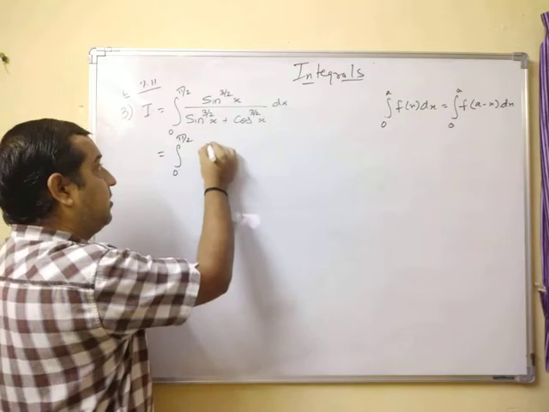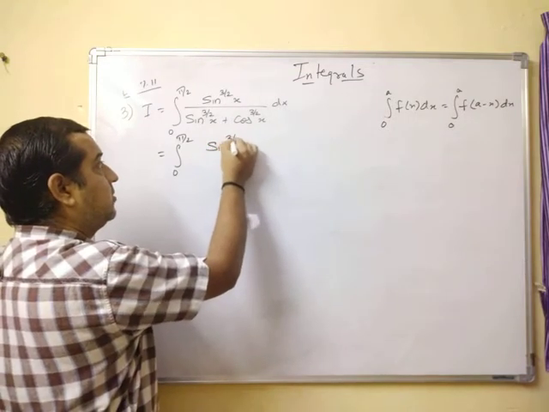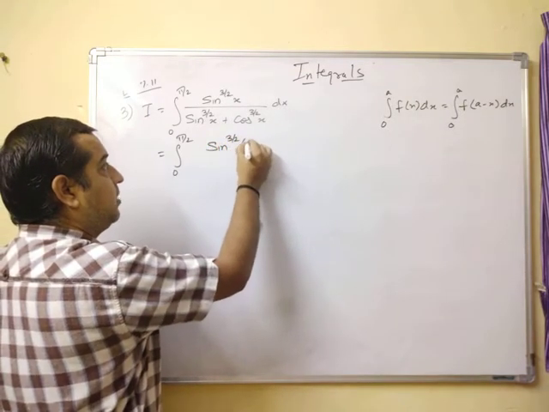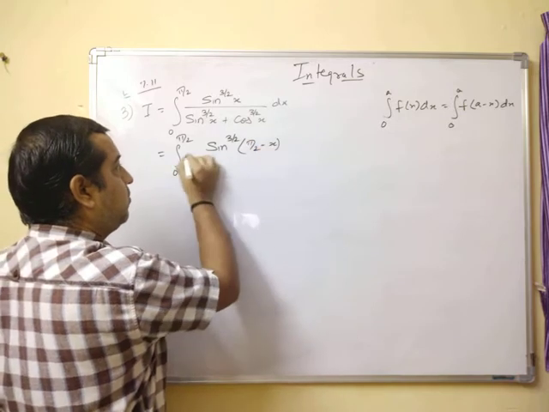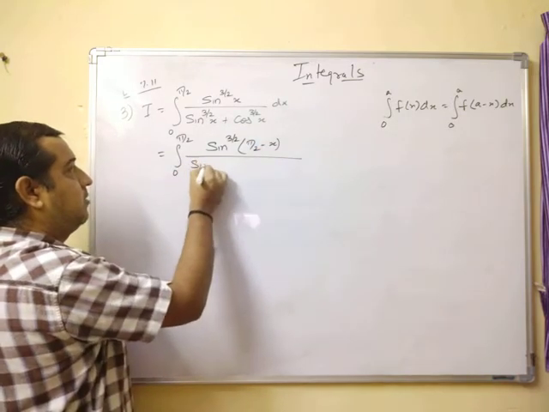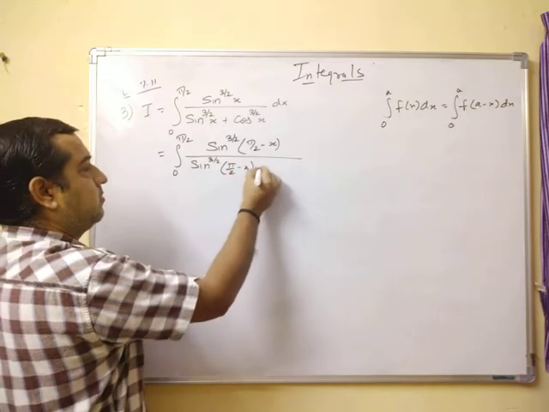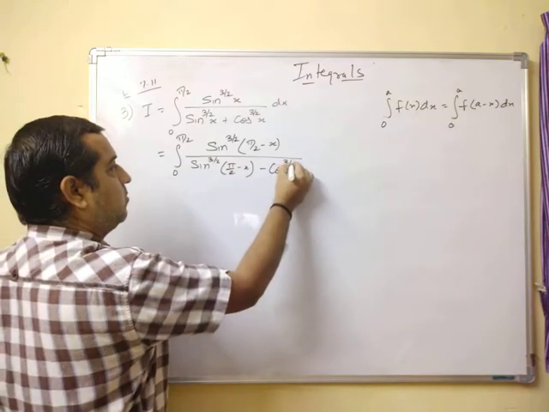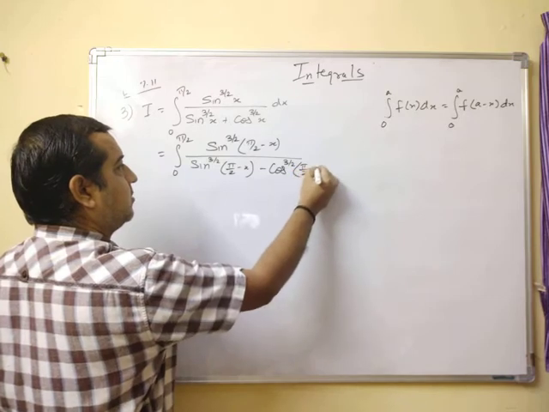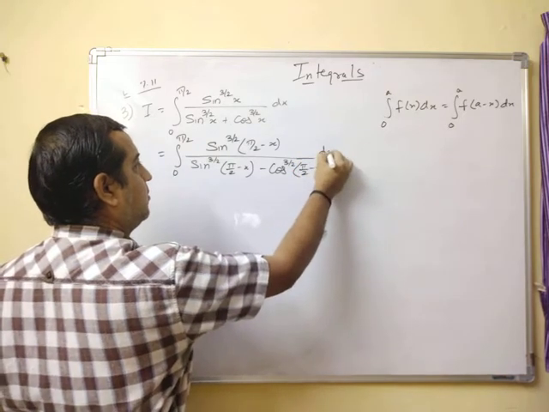Okay, so you get same function sin raised to 3 by 2, x will be replaced by upper limit pi by 2 minus x. In the denominator, sin raised to 3 by 2 (pi by 2 minus x) plus cos raised to 3 by 2 (pi by 2 minus x) dx.